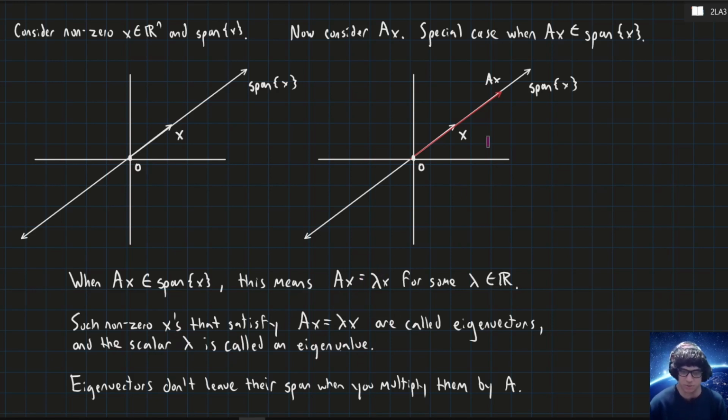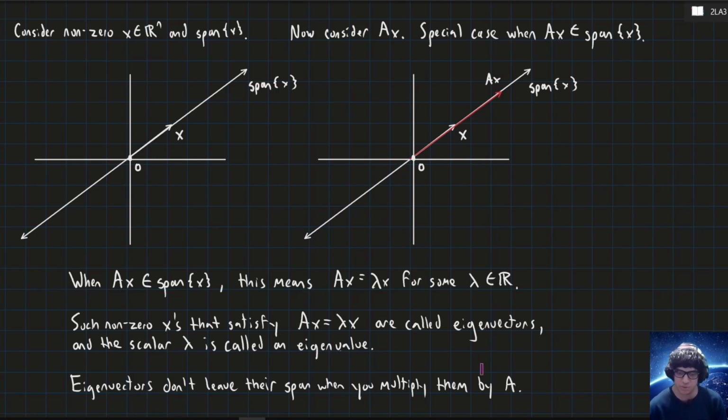So eigenvectors don't leave their span when you multiply them by A. That's one way of classifying it. The only effect that multiplying by A has on x is that it scales it by some number, but it stays within its own span.